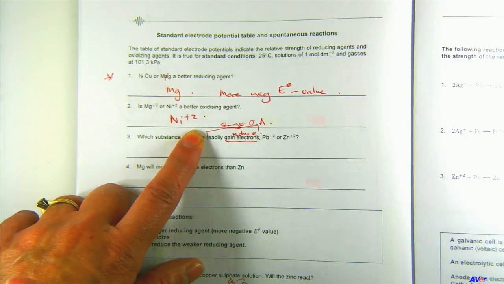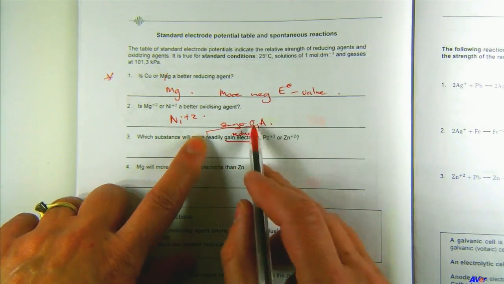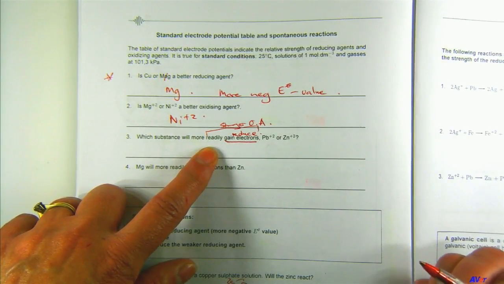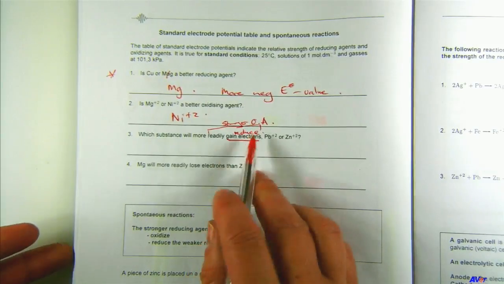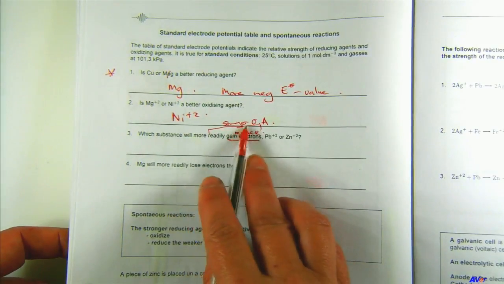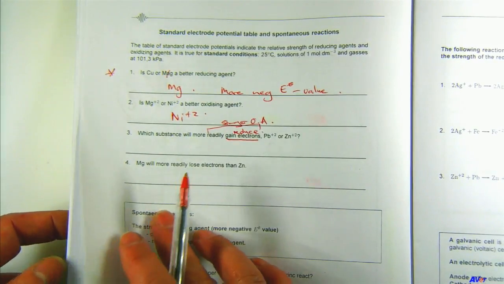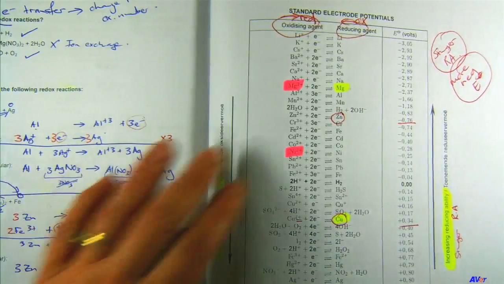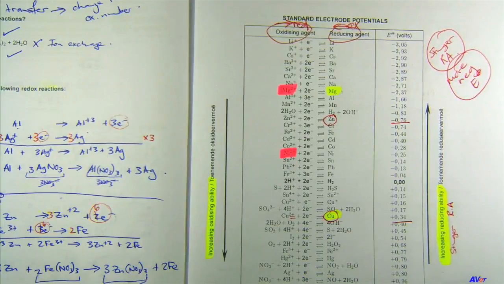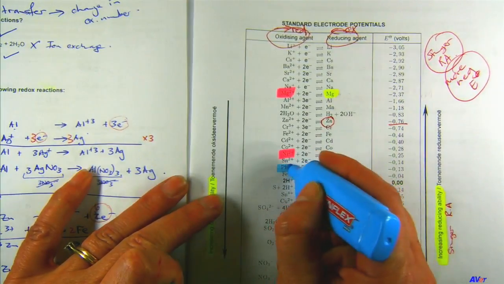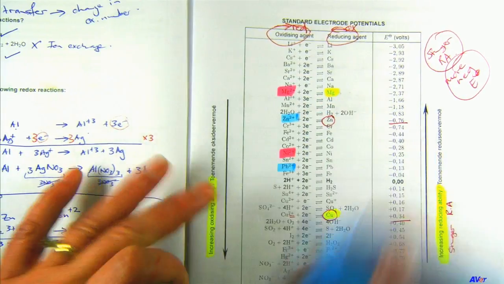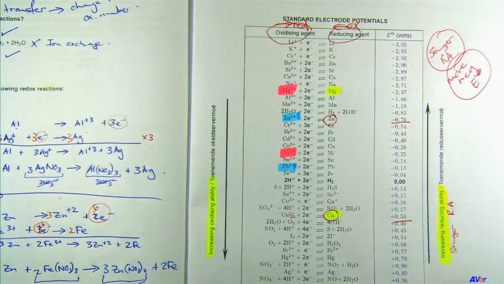The stronger the oxidizing agent, the more readily it will reduce, the more readily it will gain electrons. So now we have to go back to the table. We're looking for the stronger oxidizing agent, lead and zinc. Lead Pb over there, zinc Zn over there. Who is the stronger oxidizing agent? The lead.